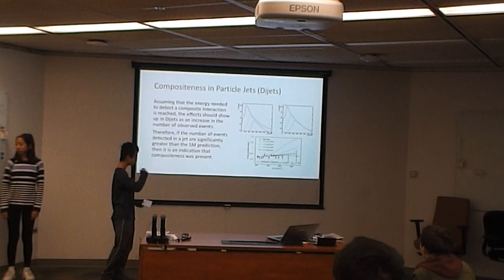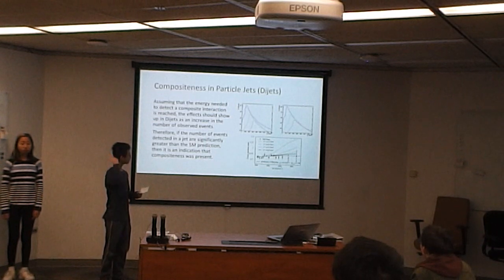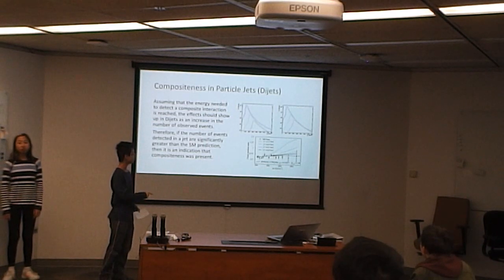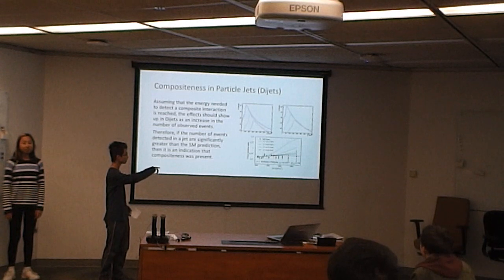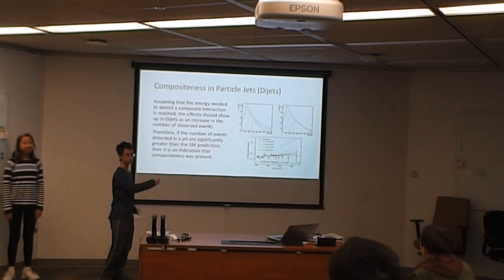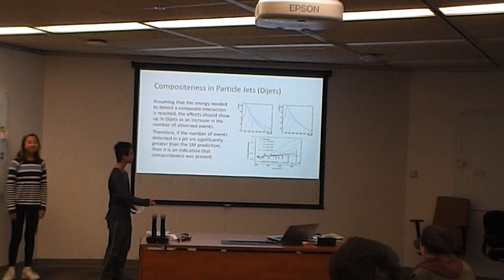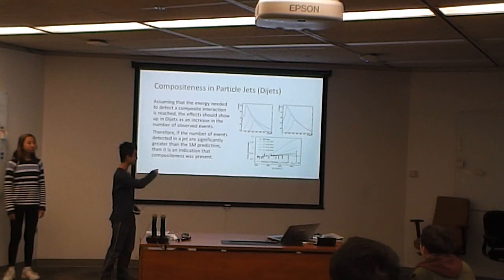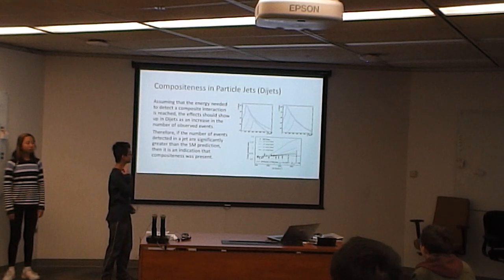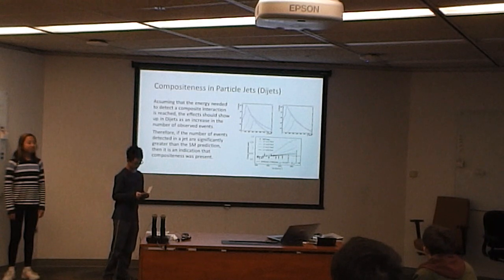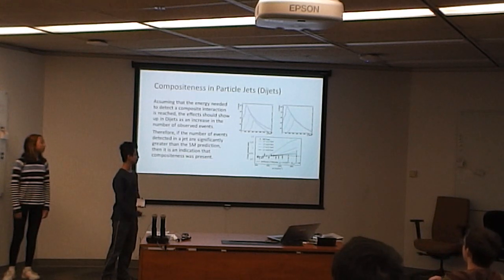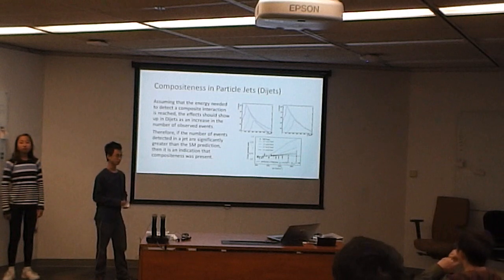The bottom one is a comparison for the D0 data with several different theoretical predictions given at different lambda values, at 1.5, 2, 2.5, and 3 TeV. And then there are error bars which show statistical errors and whatnot.